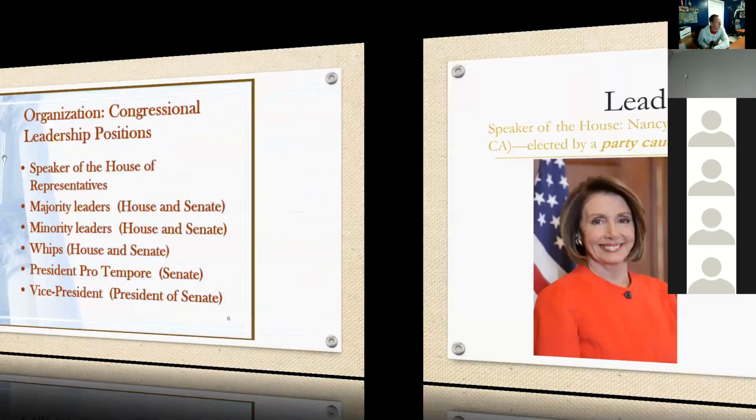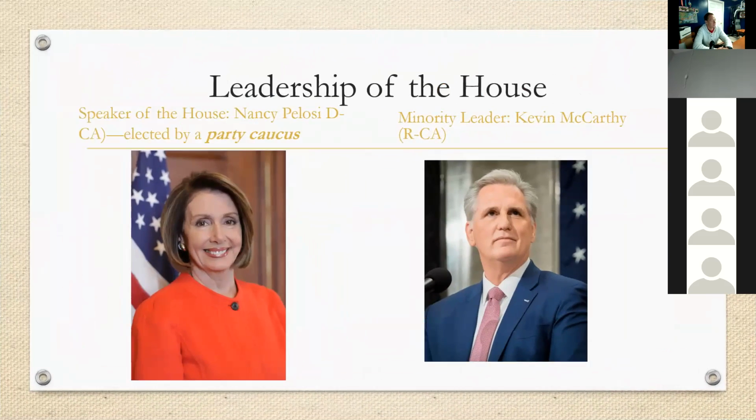Let's look at the leadership of the House and the Senate. These are the two big ones. Now it's weird because the Senate is different from the House in some ways, and in some ways they're similar. The person that leads the House of Representatives is the Speaker of the House. They are elected by both the Democrats and the Republicans in the House.